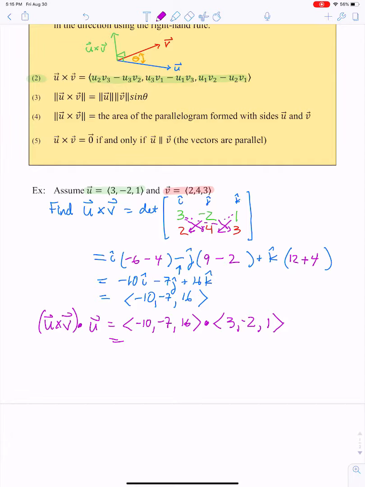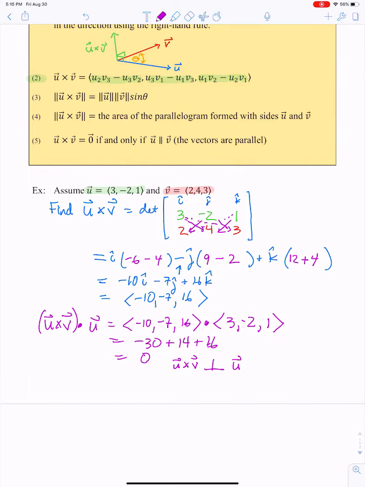Doing the dot product, we'd have minus 10 times 3 is minus 30, minus 7 times minus 2 is plus 14, and 16 times positive 1 is plus 16. And sure enough, like magic, it's equal to 0, which means that u cross v is perpendicular to u. Similarly, if you checked with v, it would also be perpendicular.